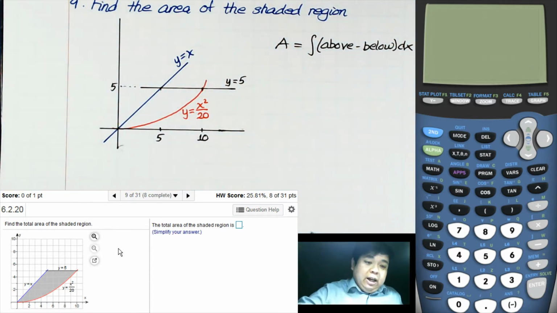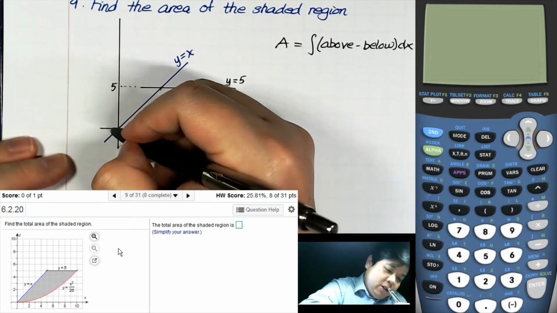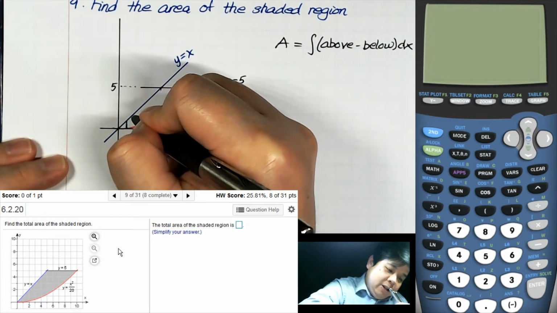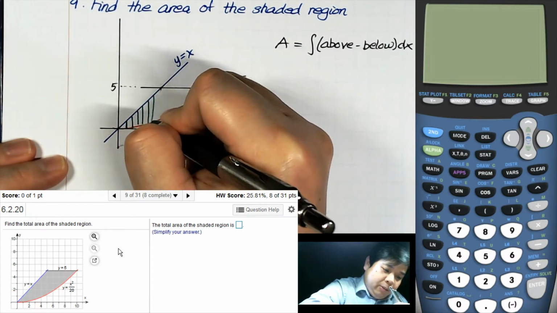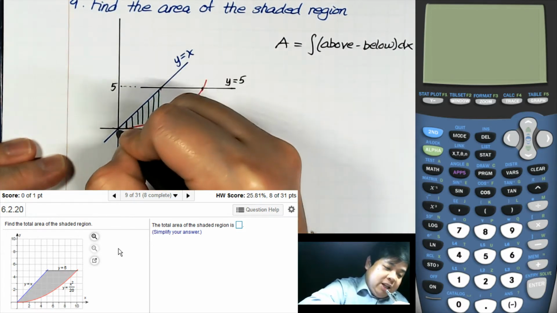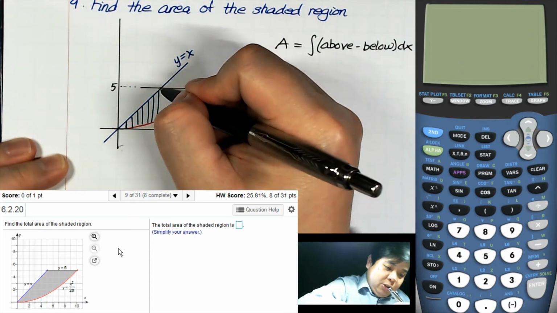Now, the function above minus the function below. Now think about this. If we talk about this part here, for this part, the function above is this diagonal line, the function below is the curve.